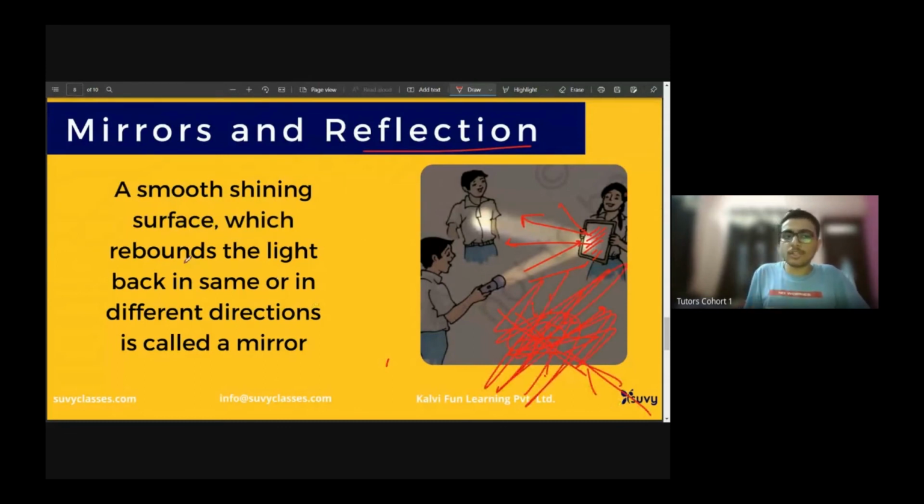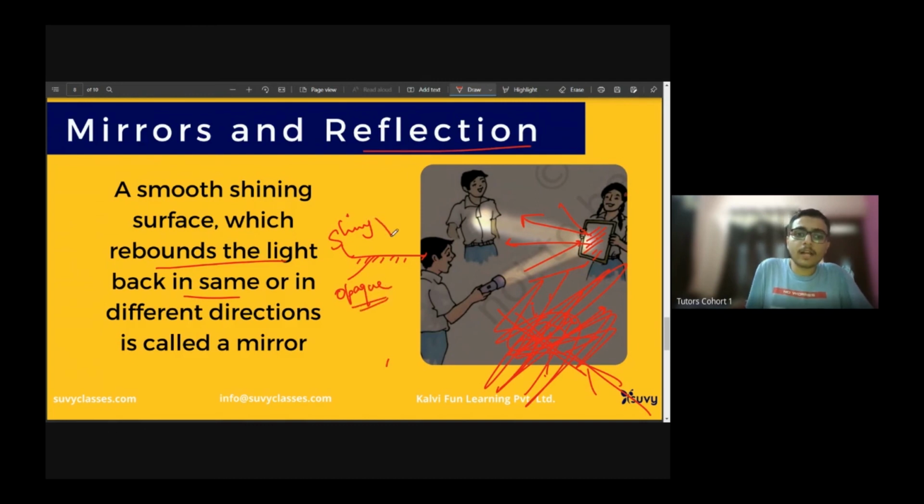But we should know the definition of reflection: it is the bouncing back or rebounding of light into the same or a different direction. It can be in the same and different direction both. For example, this is my mirror. A mirror has one shiny surface, right? And the other surface is opaque.